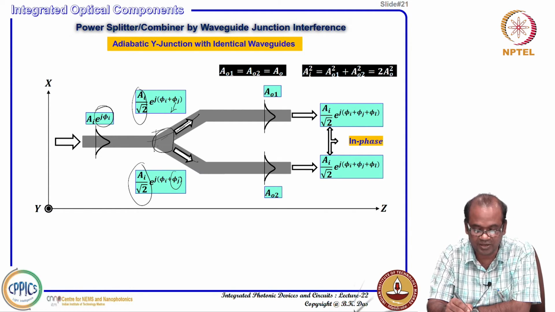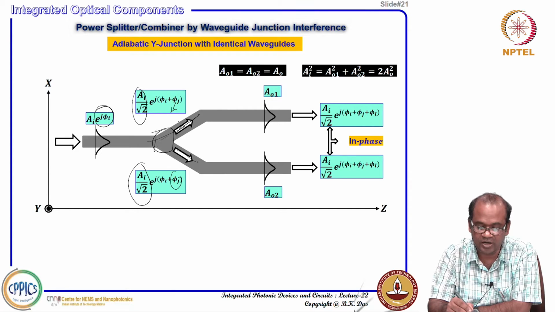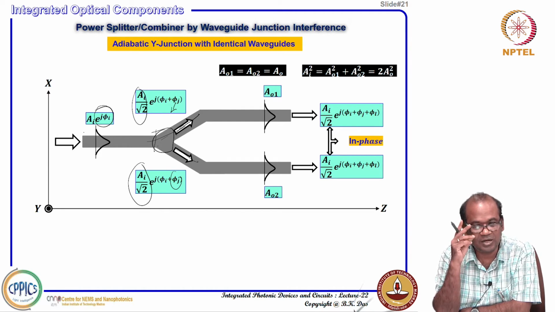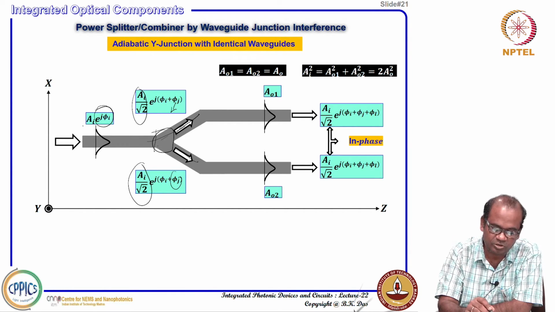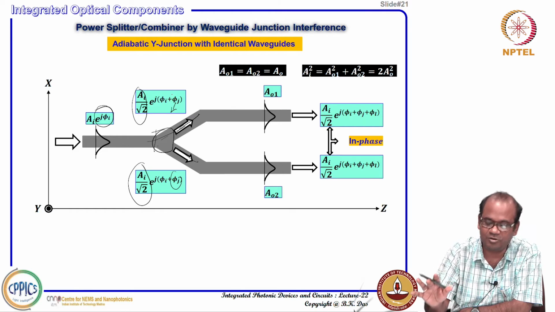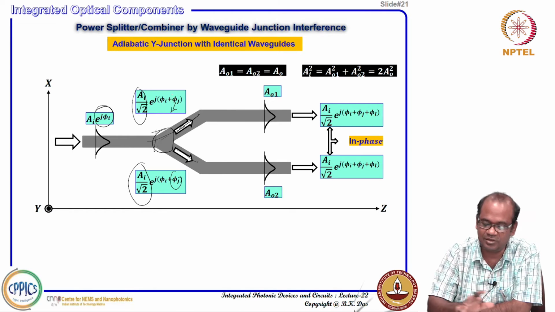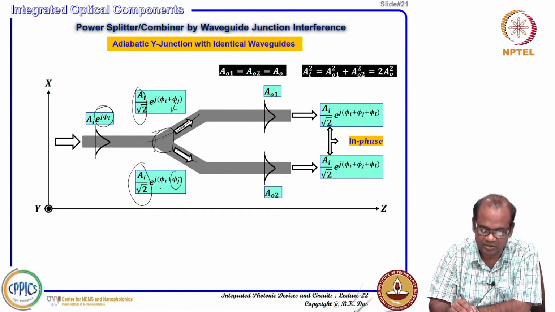If they are not identical, asymmetric or something like that, this phi J would have been different. So I need two things, amplitude and phase, for integrated photonic circuit simulation or modeling. I have used amplitude and phase, and I am not considering the profile, as long as I understand they are identical waveguides.